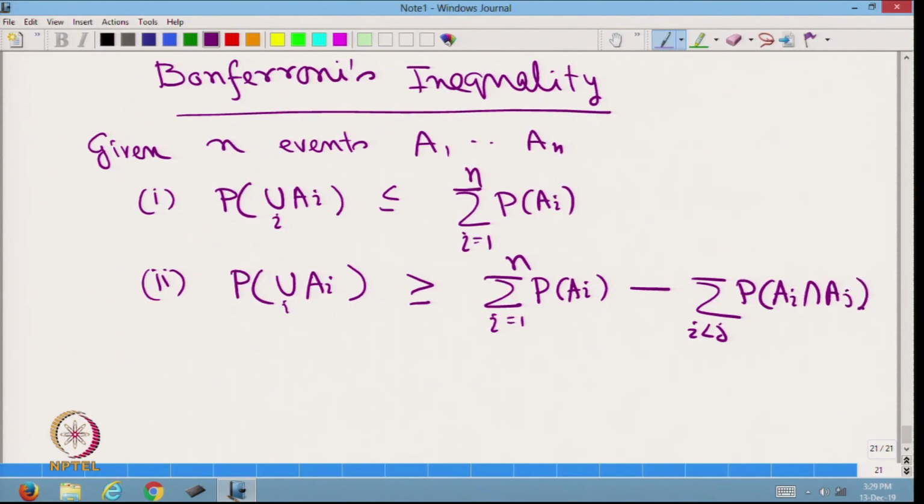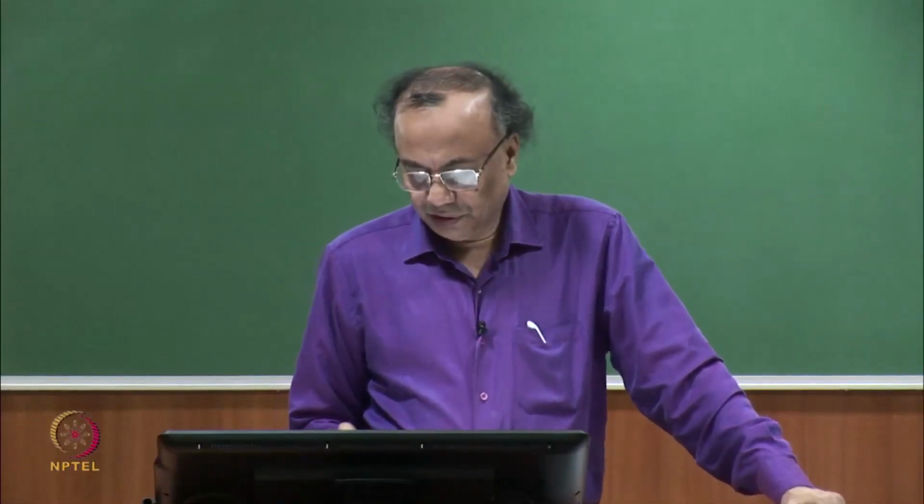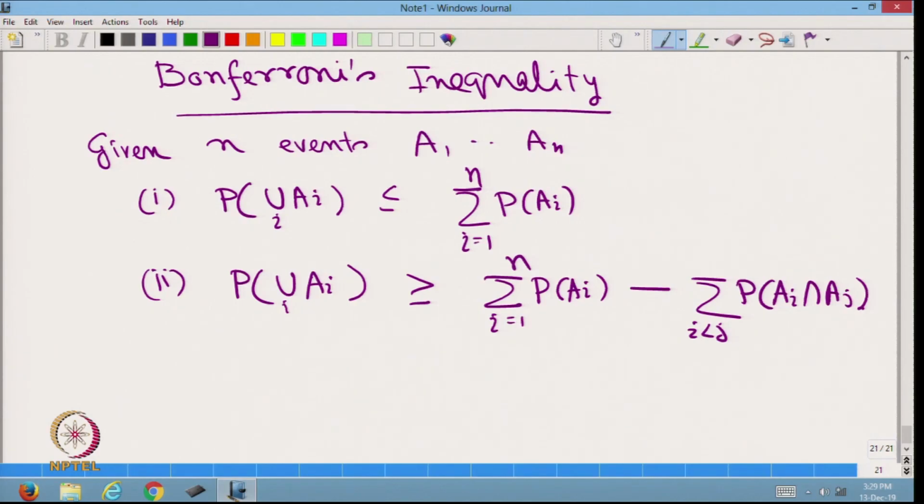We have already seen the formula for probability of union over Ai. That is a pretty long formula if the value of n is large, but these two inequalities suggest that the value of this probability will lie between these two quantities. From the lower side, this is the bound, and from the upper side, that is the bound.